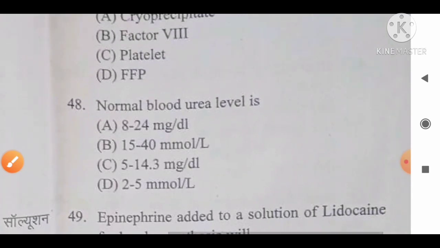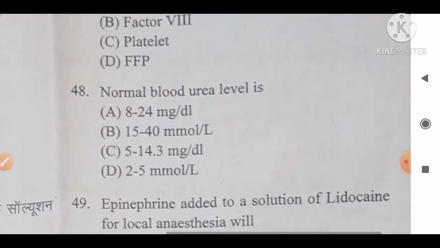Move to the next question, number 48. Normal blood urea level is option A 8 to 24 milligram per deciliter, B 15 to 40 millimole per liter, C 5 to 14.3 milligram per deciliter, D 2 to 5 millimoles per liter. And the information available regarding this question, it is 8 to 24 milligram per deciliter is the normal range for blood urea nitrogen, whereas the normal blood urea level is 15 to 40 milligrams per deciliter.